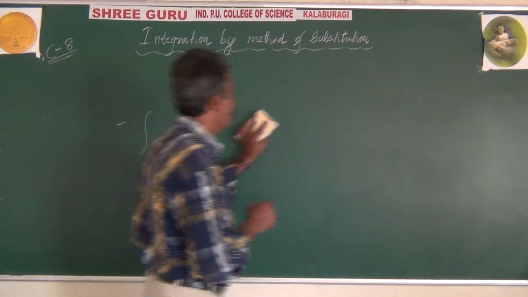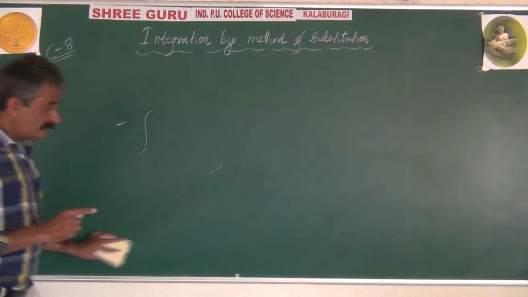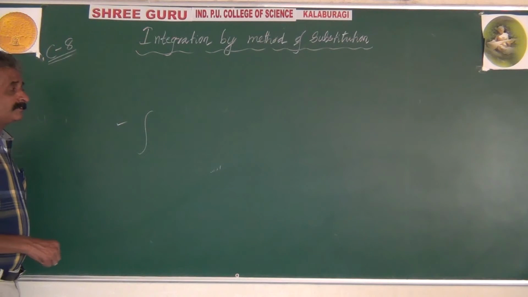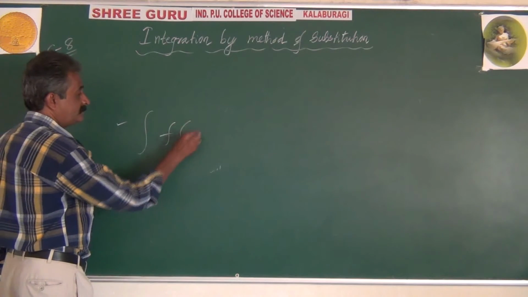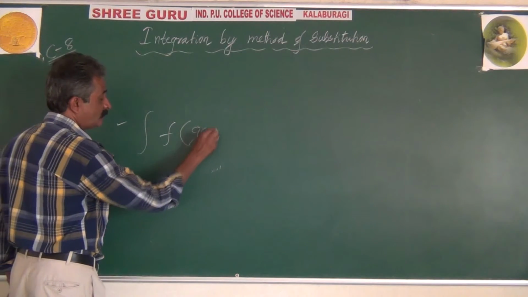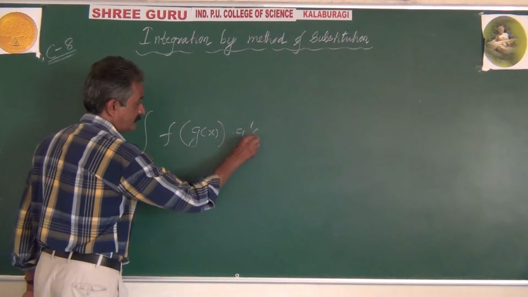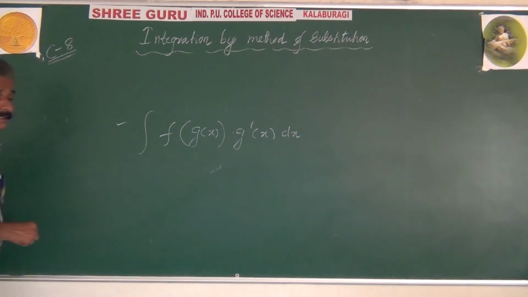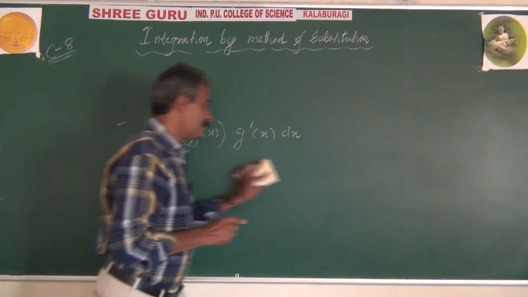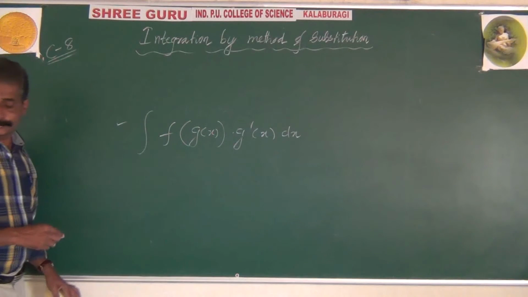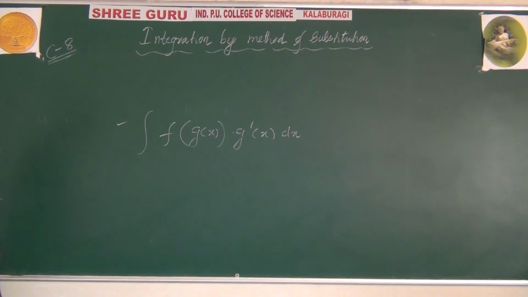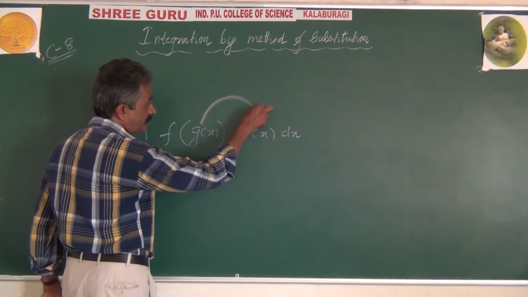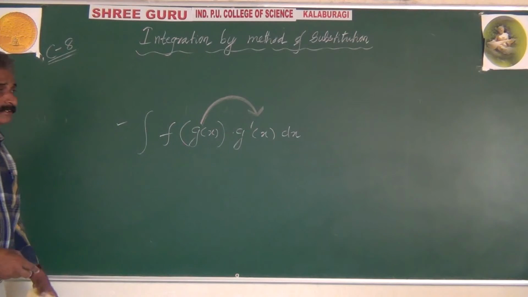So now, the most general format of integration by the method of substitution is f of g of x into g dash of x. This will be regarded as the general form of integration by the method of substitution, and you need to observe that the derivative of g of x will be g dash of x.